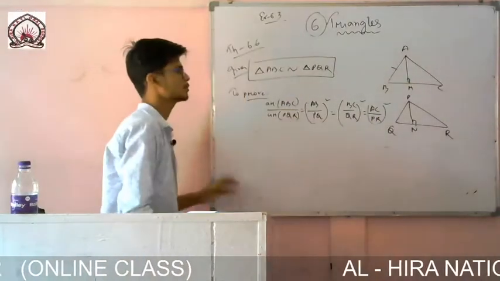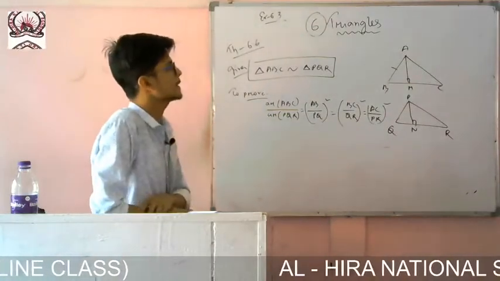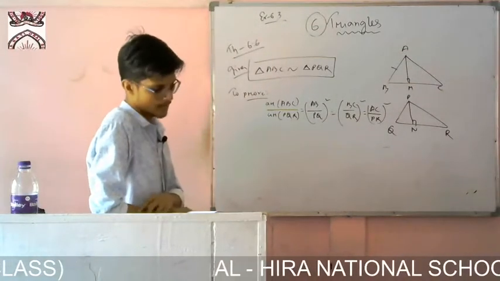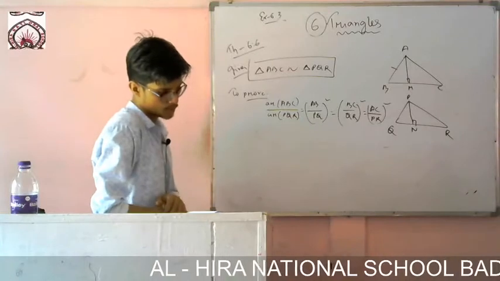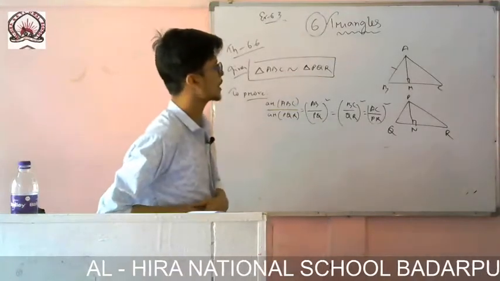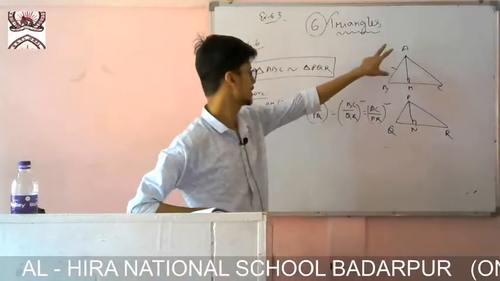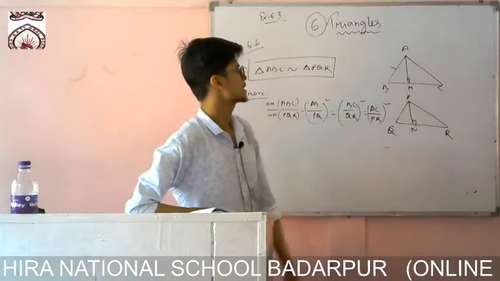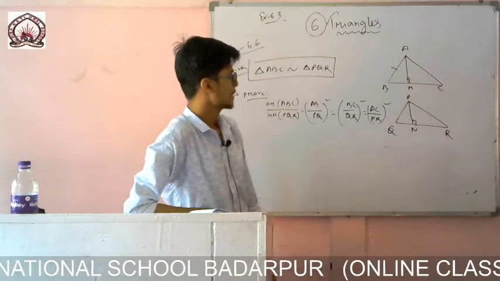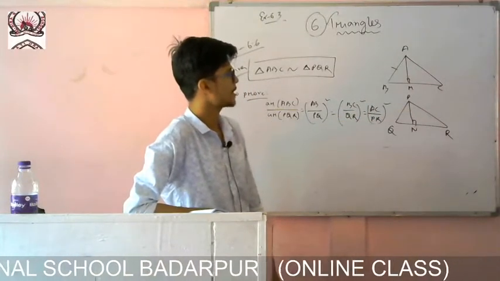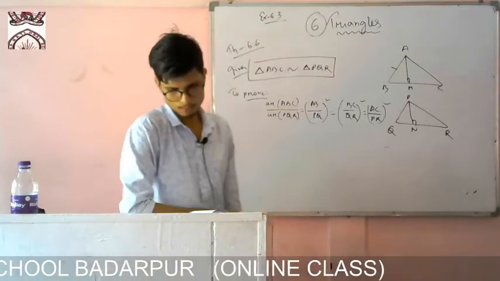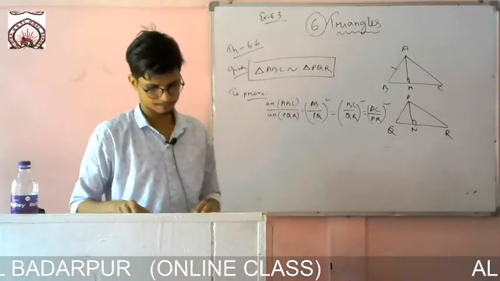So this one you have to prove, that the ratio of the areas of two similar triangles is equal to the square of the ratio of their corresponding sides. So I have to show this one.